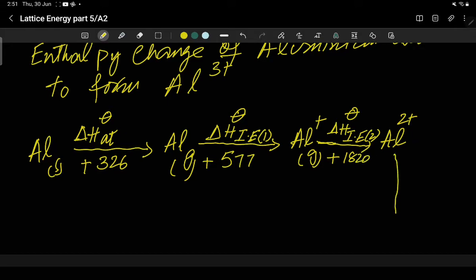Then it changes into aluminium 3 positive gaseous ion, and it involves delta H third ionization energy, and it is equal to plus 2470.